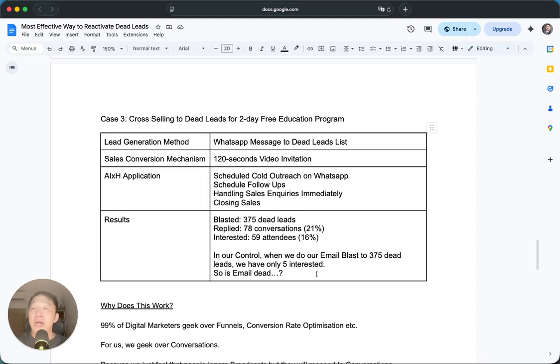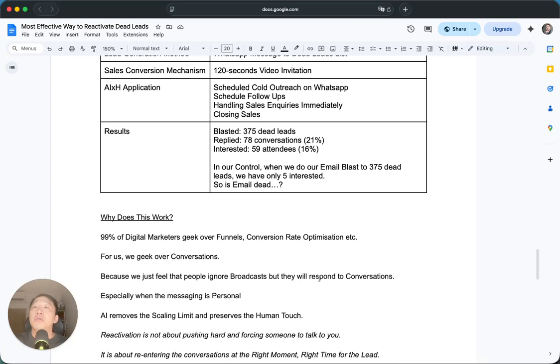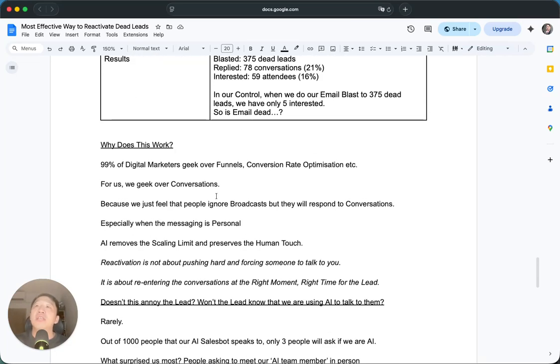So my take when I have these stats to compare with my team is, hey, is email dead? I don't necessarily think so. I just feel that WhatsApp activates a different segment of audience. So if that is what you are looking for to activate your date leads, WhatsApp is something that you can consider.